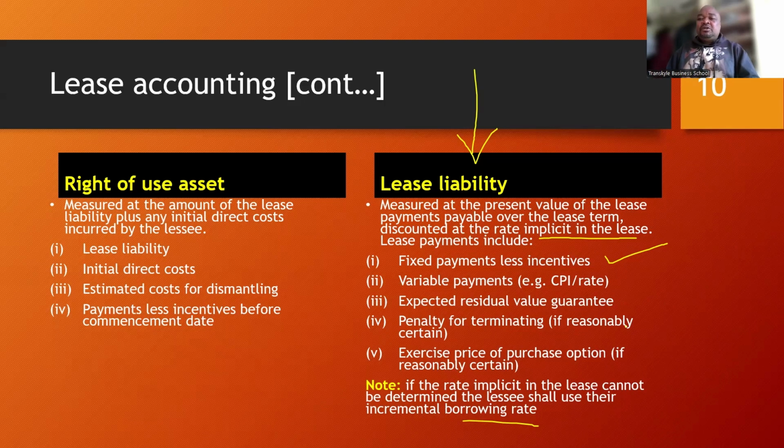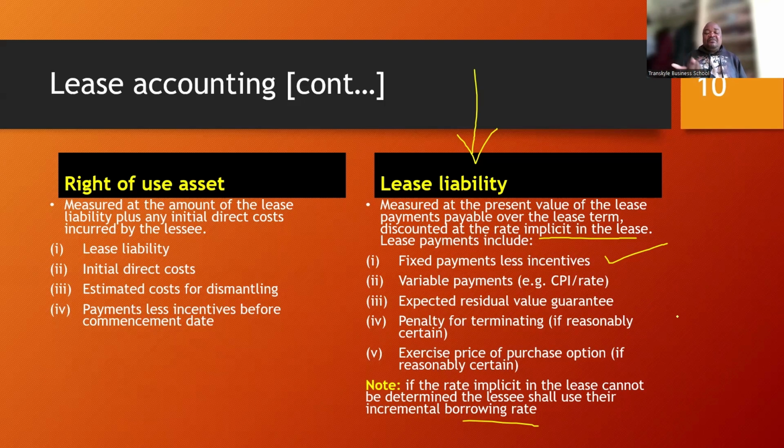Is that clear? Good. We are promising the lessor that this should be the residual value of the property at the end. However, there is a danger that the property might not be at that value, or might actually be at zero. If at the end of the lease term the property is at zero, then there is a certain payment.